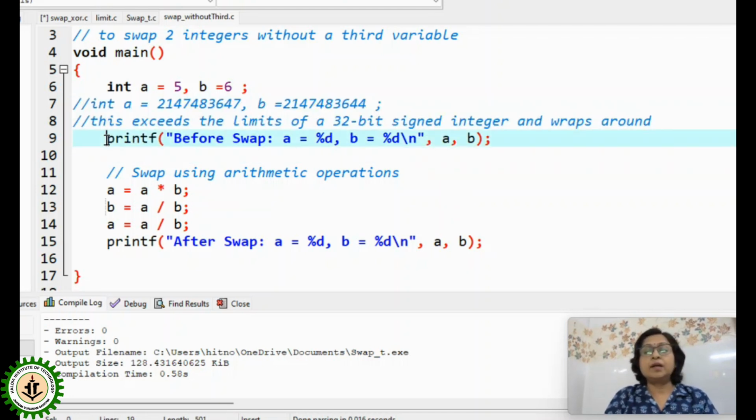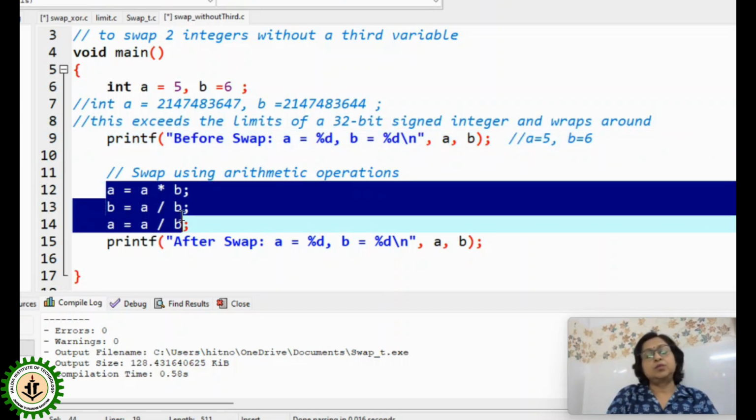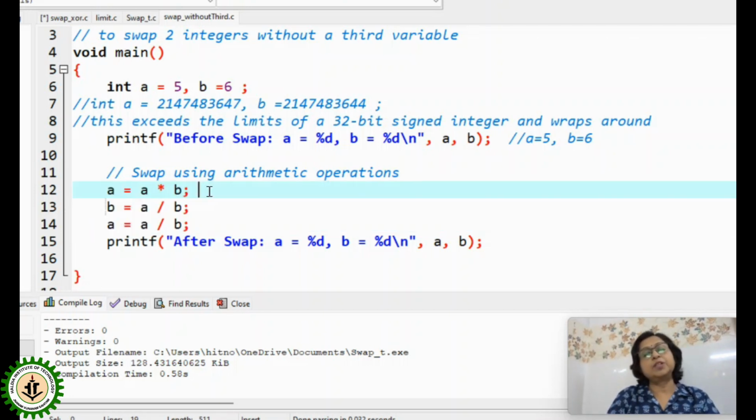In line number 9, before swap, nothing is done, so A should be 5 and B should be 6. Agreed? Now we are swapping the two integer values using arithmetic operations. Here we have used multiplication and division.